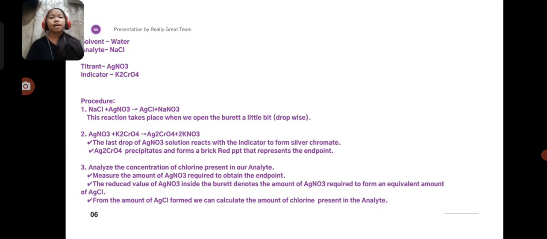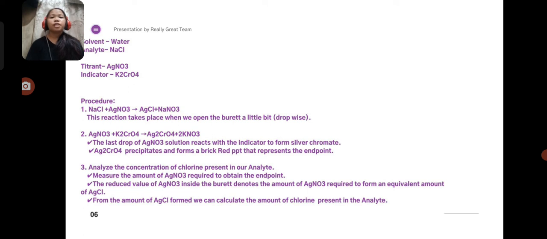As I said a while ago, we need a burette and an Erlenmeyer flask for the precipitation titration to be conducted. The solvent in Mohr's method is again water, the analyte is sodium chloride, the titrant is AgNO3, and the indicator is K2CrO4. In the first reaction, NaCl is reacted with AgNO3, resulting in a precipitate of AgCl together with NaNO3.